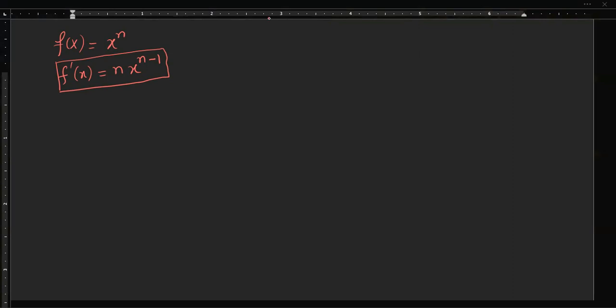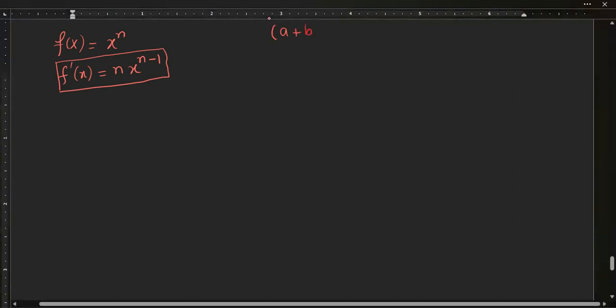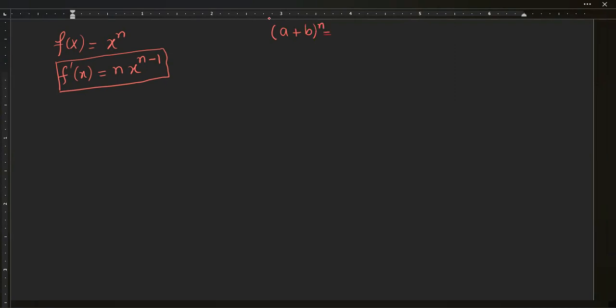So the formula reads this: if we have (a + b) and you are taking power n, this is equal to a^n plus n times a^(n-1) b plus n times (n-1) times a^(n-2) b^2, and then we have so on.